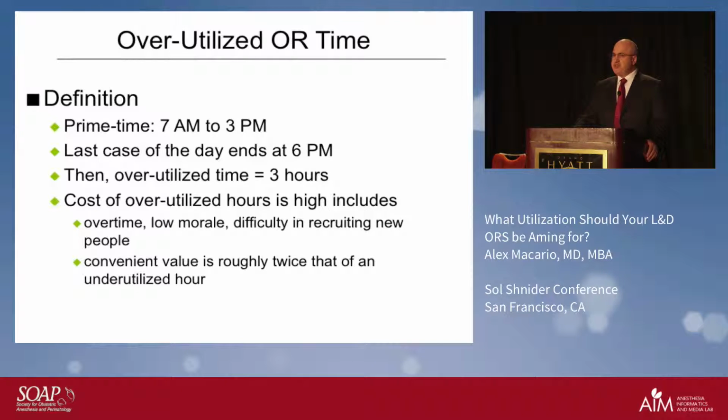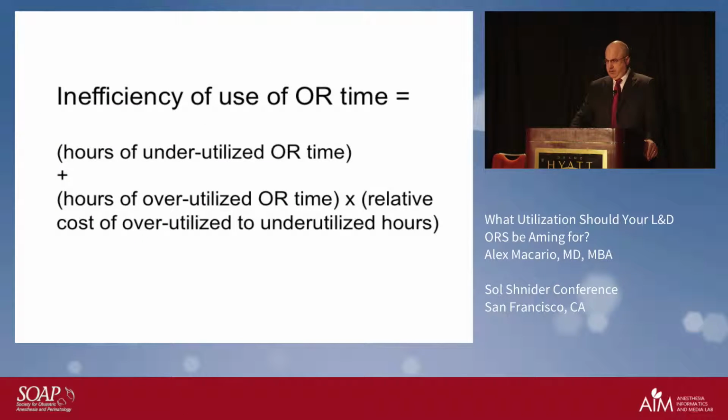So in general, what we try to teach is that the inefficiency of the use of OR time is the number of hours of underutilized time, how many hours in the labor and delivery suite that the OR finished early, plus the number of hours that the room finished late multiplied by 2.